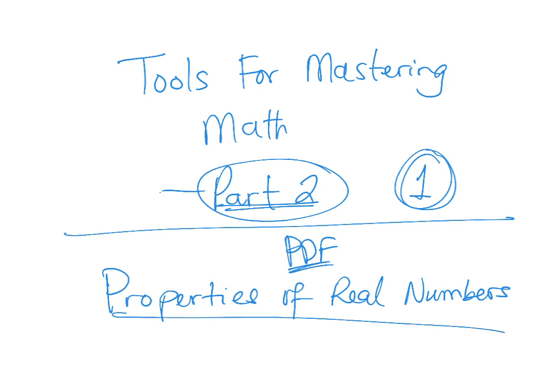Now we're looking at the properties of real numbers, properties like the commutative property of multiplication and the commutative property of addition. That's where numbers can move around when they add or multiply. We talk about the associative property of addition and the associative property of multiplication. These are very good tools that you would need. So I highly recommend that you look at the second part of Tools for Mastering Mathematics, a book that we wrote a few years ago.